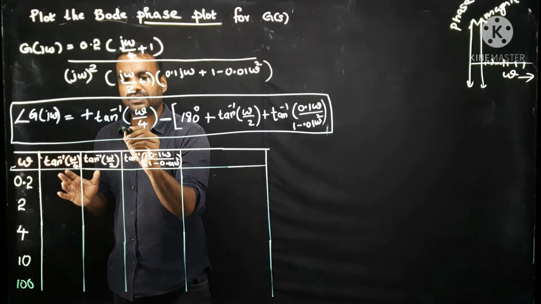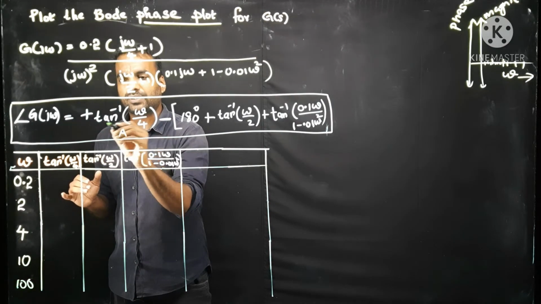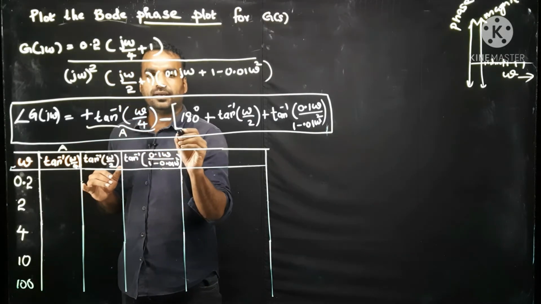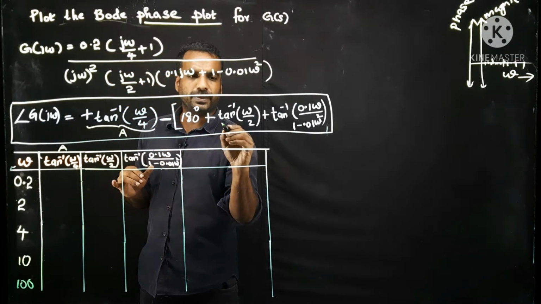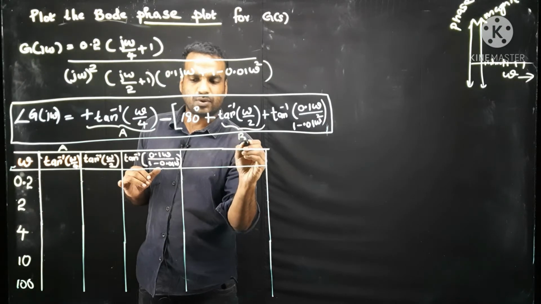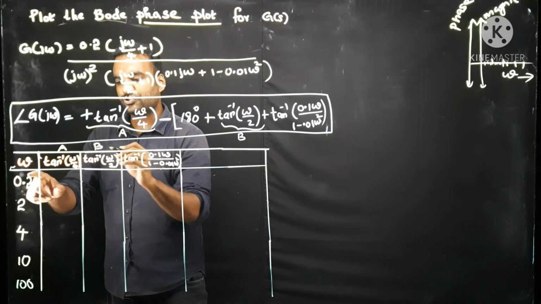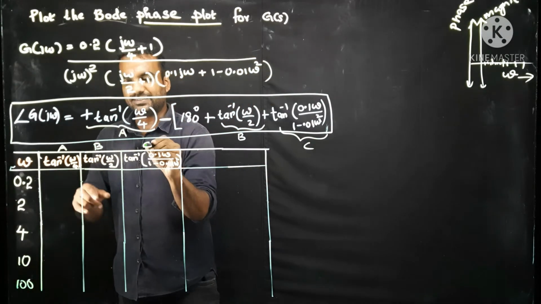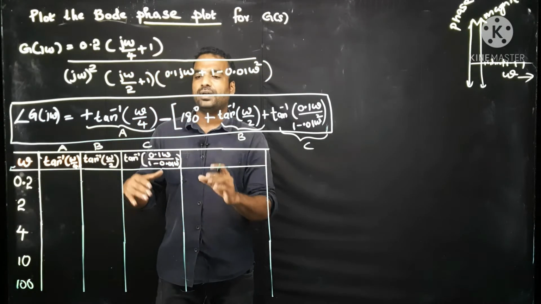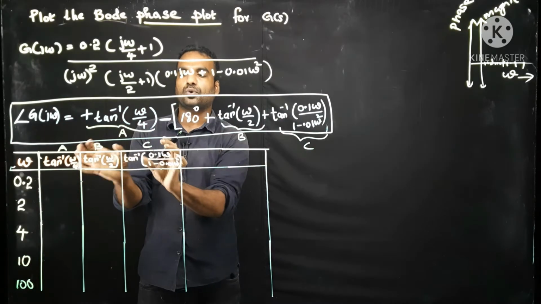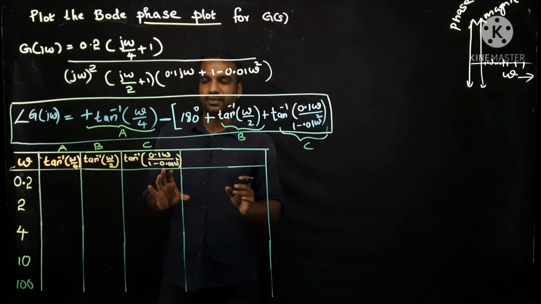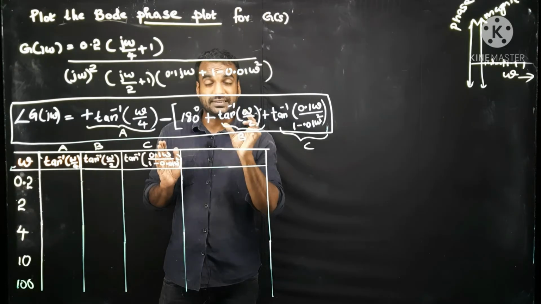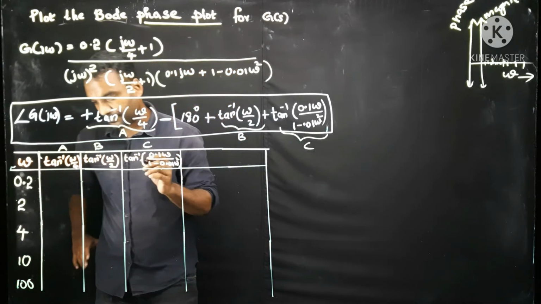Suppose this is A, you calculate A separately, and this is B, you calculate B separately for each omega value, and this is C, you calculate C separately for each omega value, and then you finally substitute all these A, B, C in this equation. Then you can reduce the chance of mistakes.